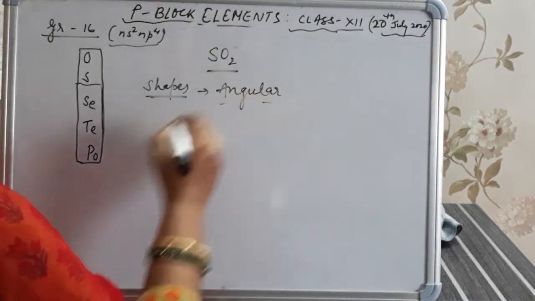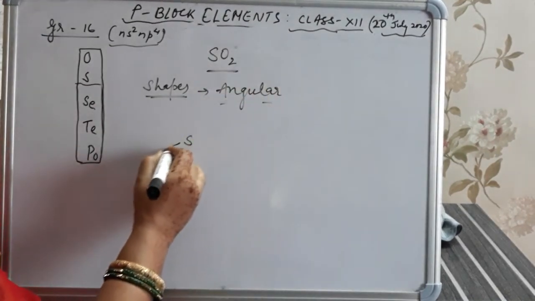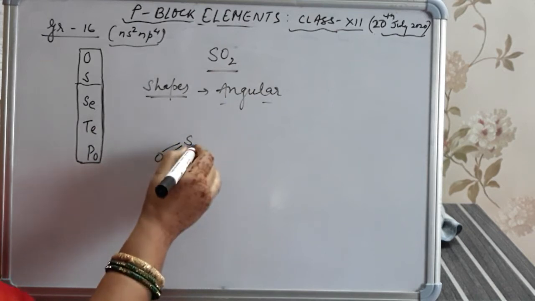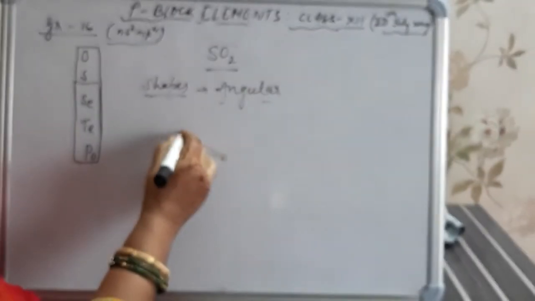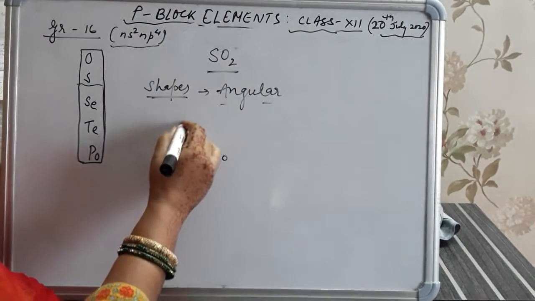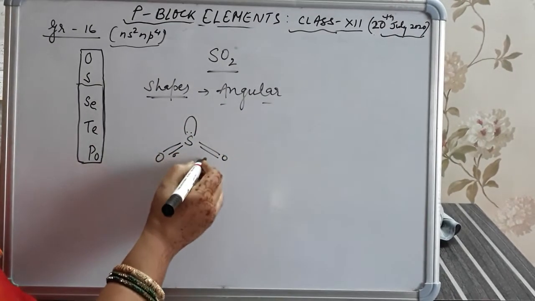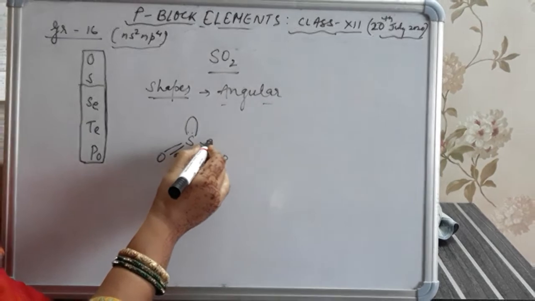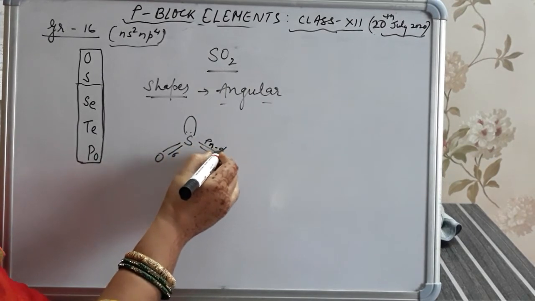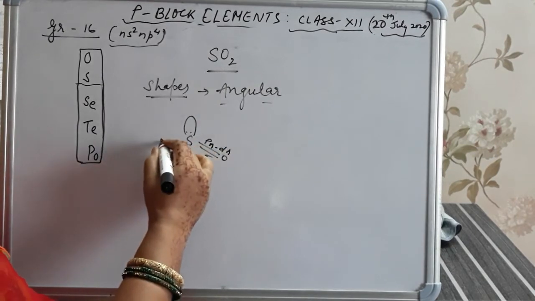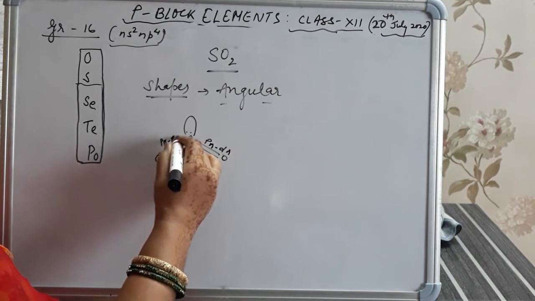It has an angular shape in which sulfur is attached to oxygen with a double bond, and one lone pair is present here. This is the sigma bond, and this is the p pi and d pi bond. It is the p pi and p pi bond.